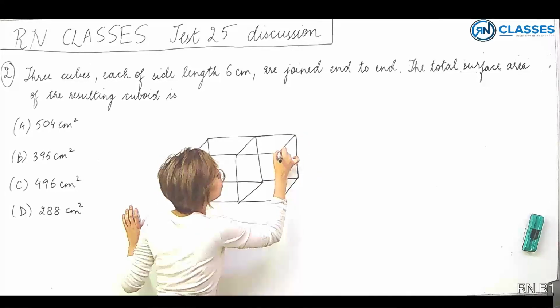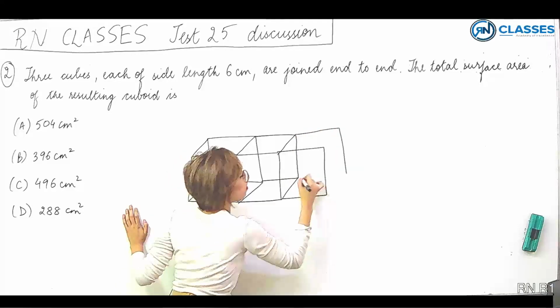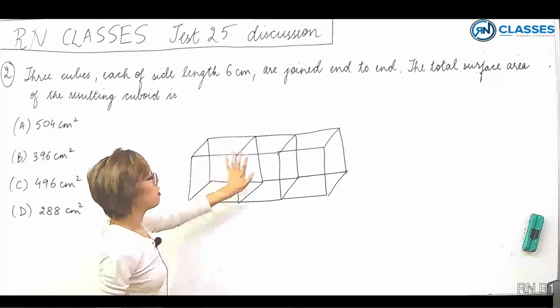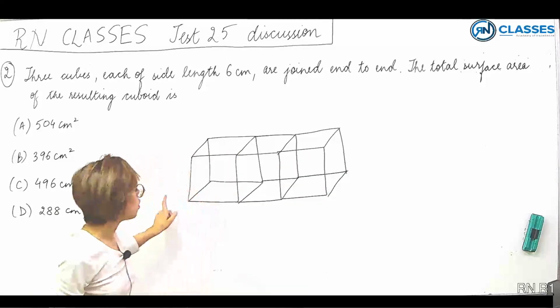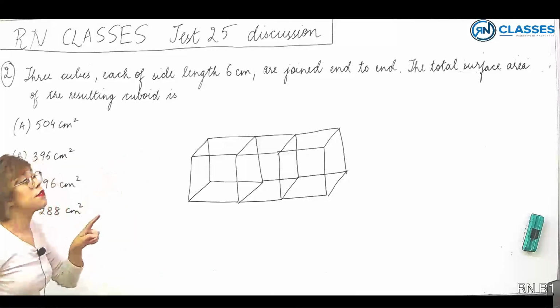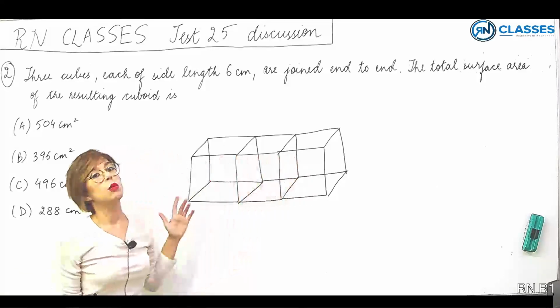Right, and the third one would be something like this. Right, 1, 2, 3. Three cubes are joined side to side. Right, you need to find the total surface area of the resulting cuboid. Now, this is definitely a cuboid.